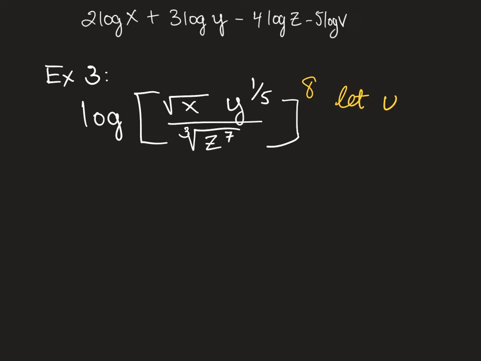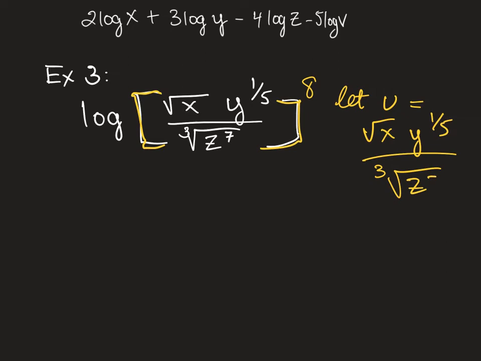One way you can do this is you can let u equal this entirety in here. Let u equal the square root of x, y to the 1/5 divided by cube root of z to the 7th. But you don't even have to do all that. A lot of people are going to tell me, hey, maybe you should have done that. But in reality, just bring down the 8, because if you're going to assign u there, it's going to be log of u to the 8th power.